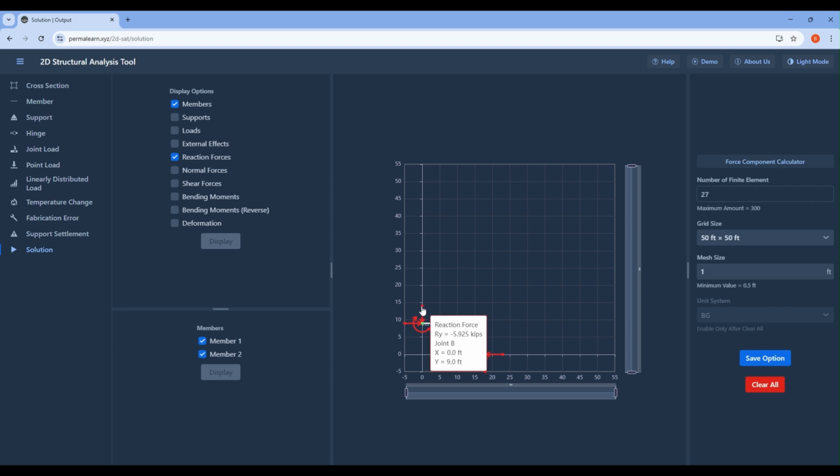AY here is equal to negative 5.96, AX here is equal to 7.9, and MA is equal to negative 35.49, and CX here is equal to negative 7.9 and CY here is equal to 5.9. And if you want it to be more accurate, you need to lower the mesh size.